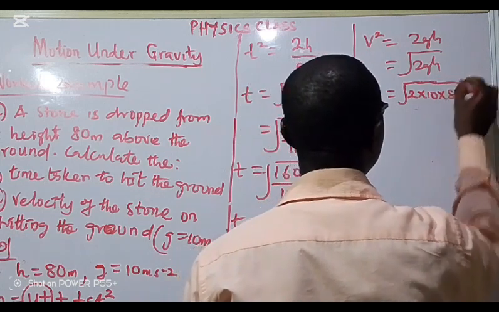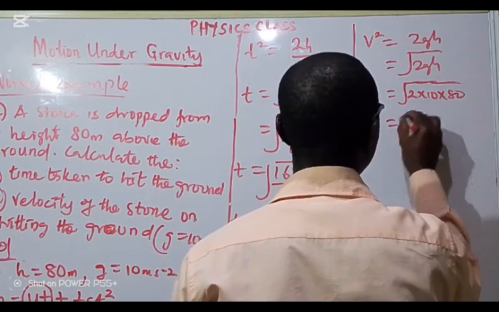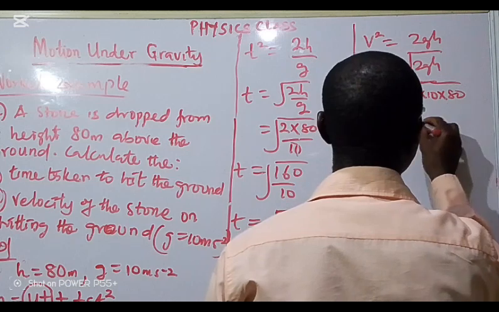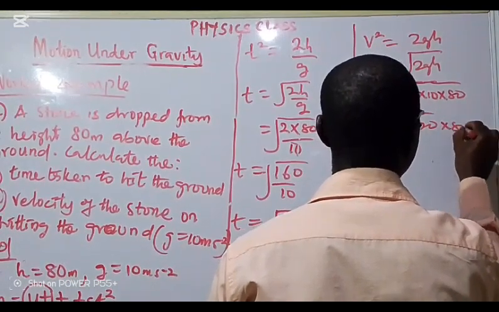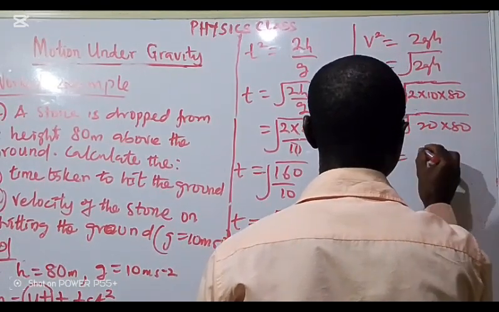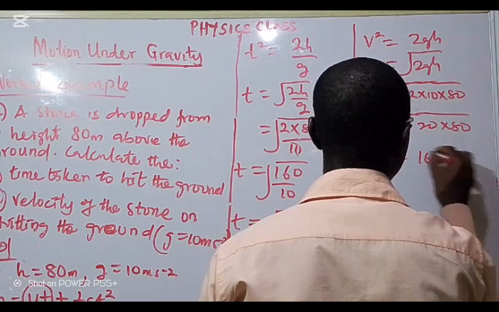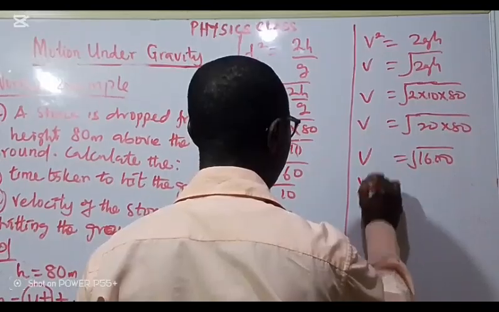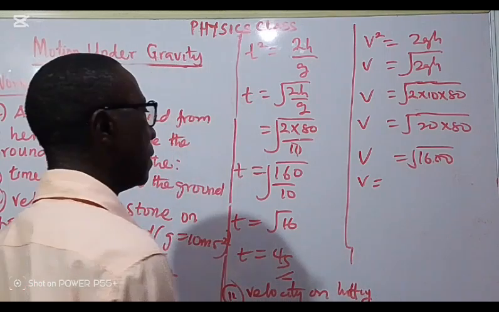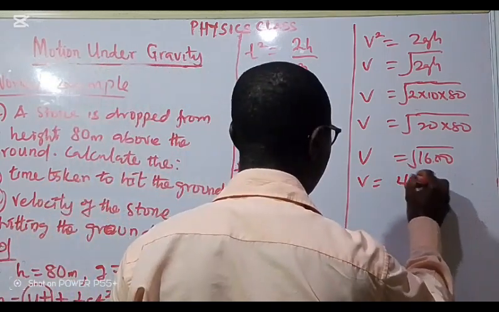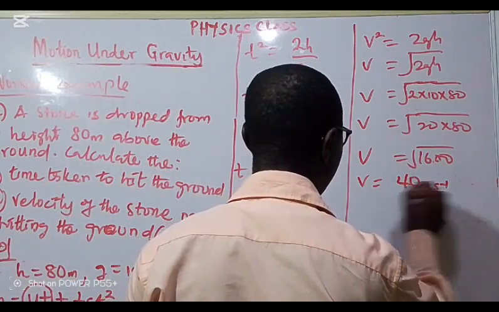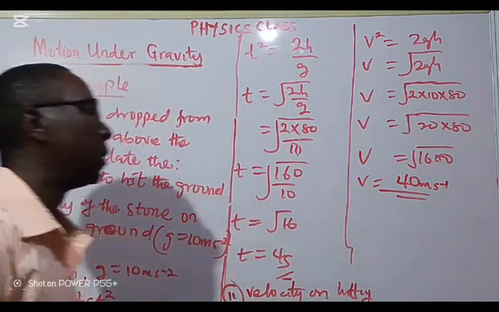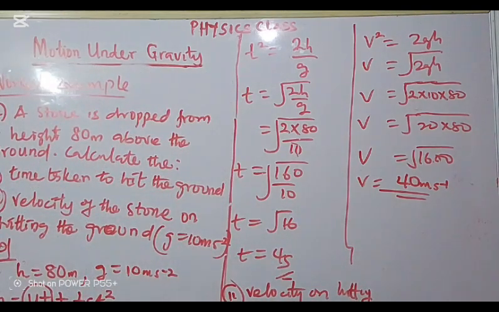So that's 20 multiplied by 80, that is 1,600. What is the square root of 1,600? The final answer for velocity on hitting the ground will be 40 meters per second, when the stone hits the ground level.